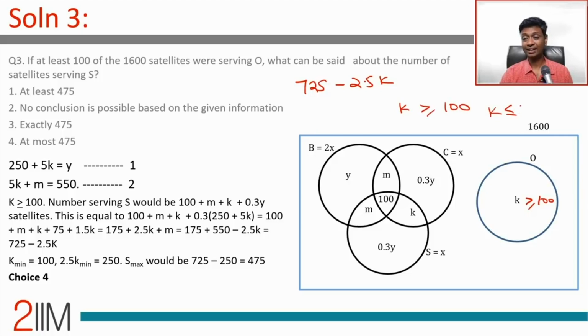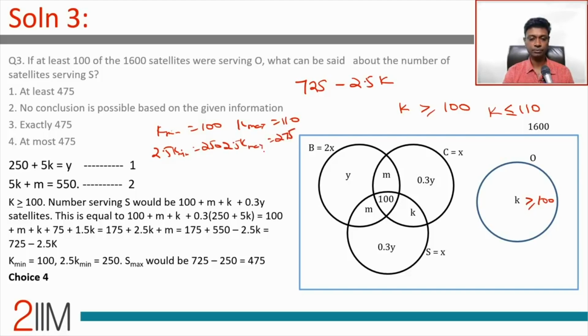We know that K is less than or equal to 110. So K minimum is 100. K maximum is 110. 2.5 K min is 250. 2.5 K max is 275. If we put K as a minimum, then S will be maximum, or S maximum is 475. S minimum is 450. Wonderful.